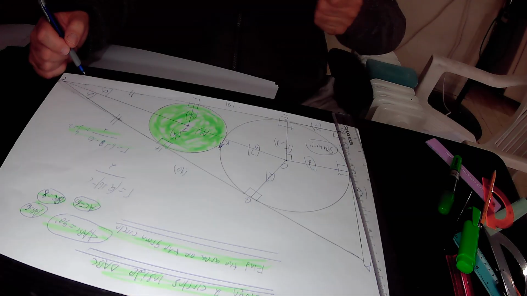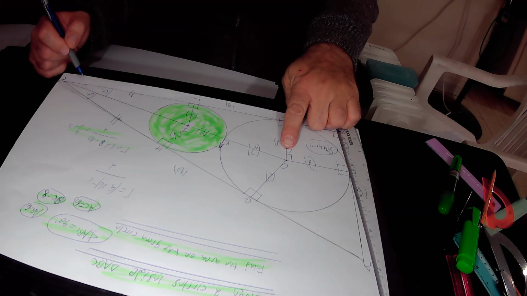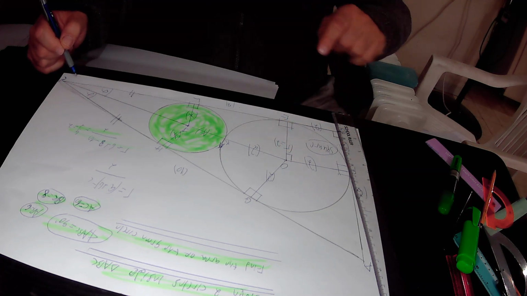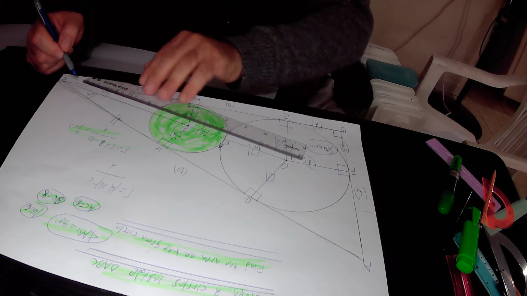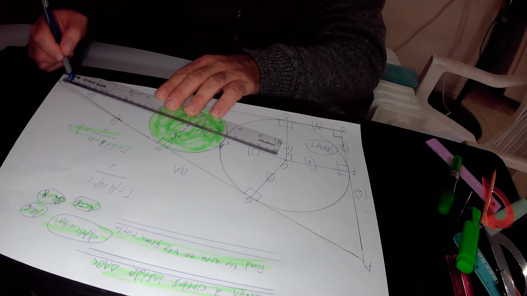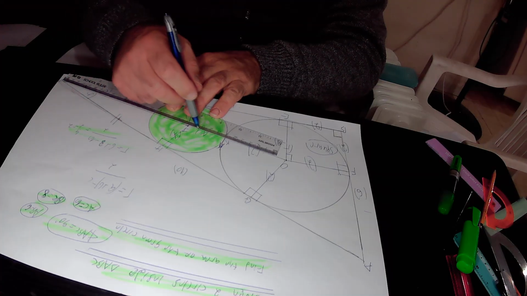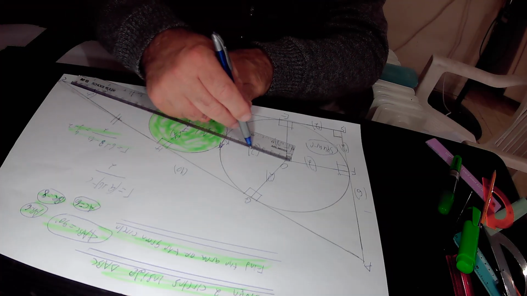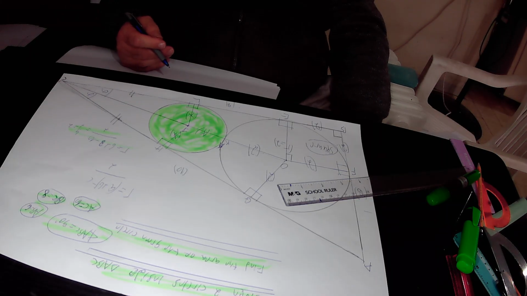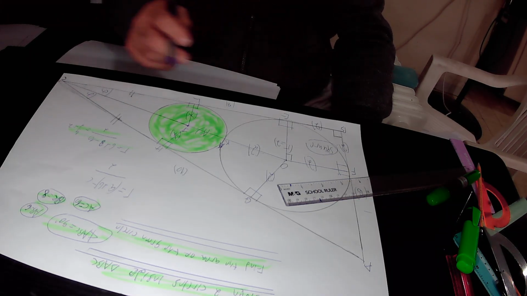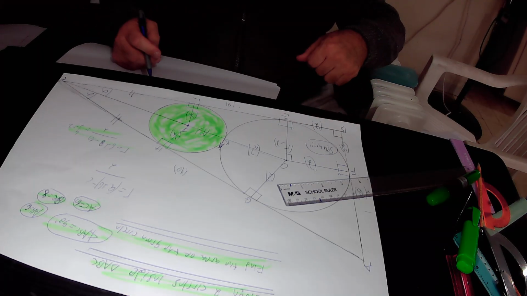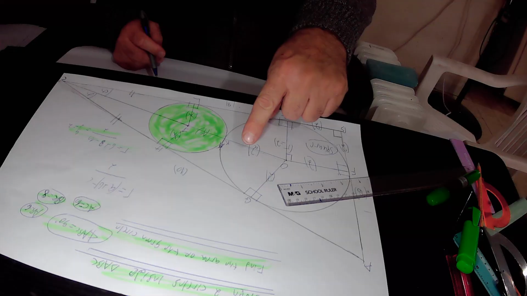We definitely know that OC is a straight line because we joined points O and C together by a straight line. Because OC is a straight line, we have here those two right angles.